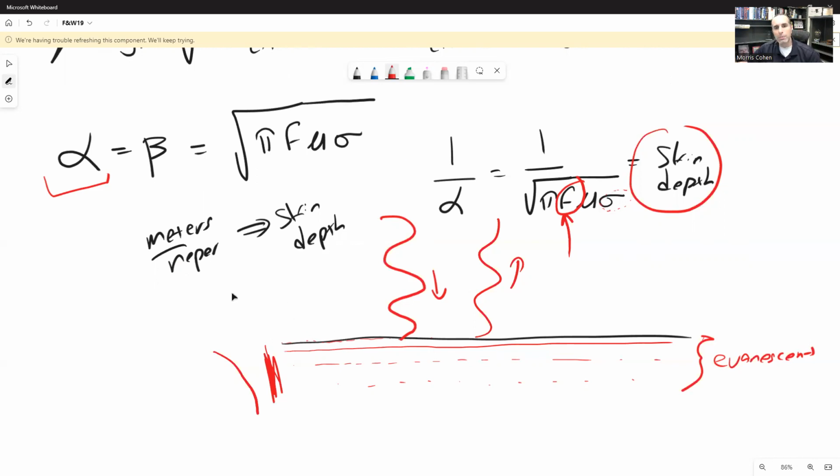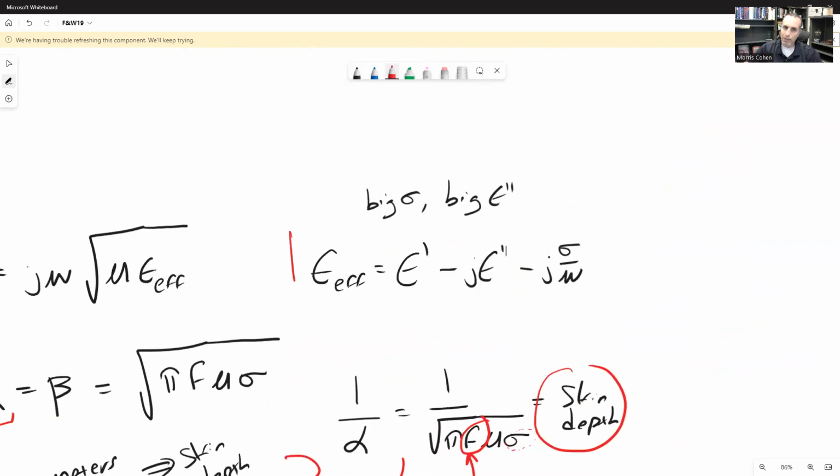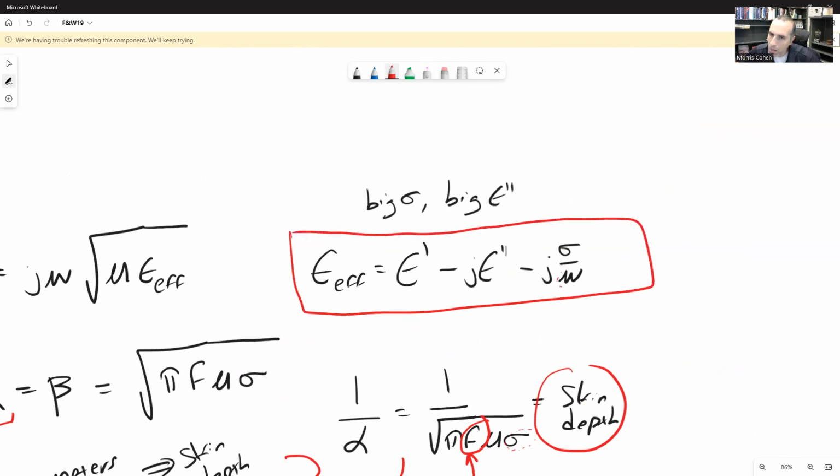And this may seem strange because if we go back to the formula for epsilon effective, and let's examine this for a second. If omega gets smaller, then this third term right here gets bigger. And so you would think that the complex term is dominating even more as you reduce your frequency. But what's actually happening is sort of two factors that only partially cancel each other out. As you decrease the frequency, the attenuation per wavelength is going up, but the wavelength itself is also increasing.